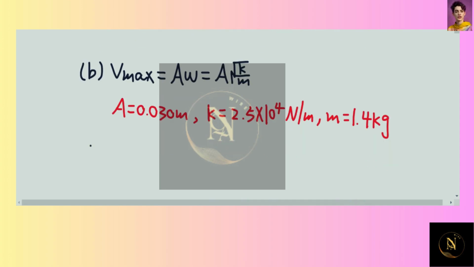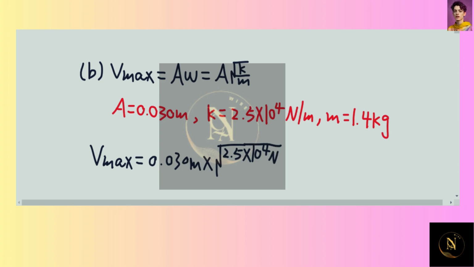Therefore, we can determine the maximum speed is equal to 0.030 meter times square root 2.5 times 10 to the power 4 Newton per meter over 1.4 kilograms. And this will give us the maximum speed is about 4.0 meter per second.